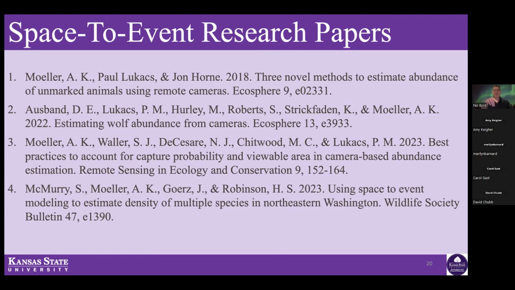We also referred to Anna's paper, Best Practices to Account for Capture Probability and the Viewable Area. So in all of the previous papers that we were able to reference, none of them were able to, or I shouldn't say accurately, estimate the total viewable area. So basically they're saying that the area within the lens of the camera up to 50 meters was not obstructed.